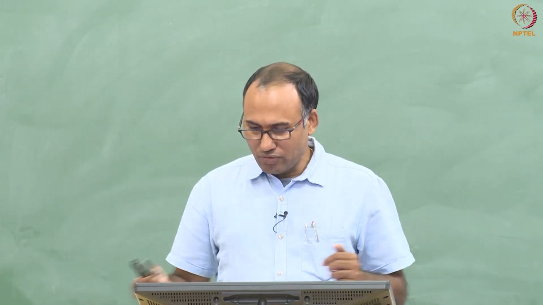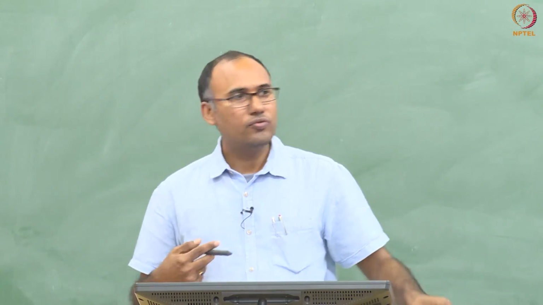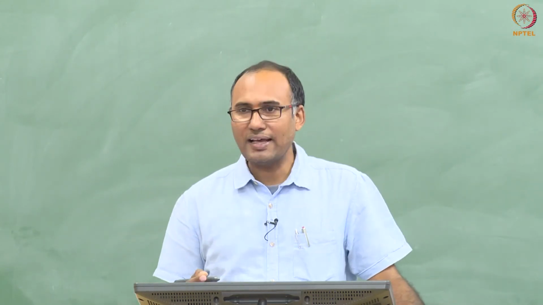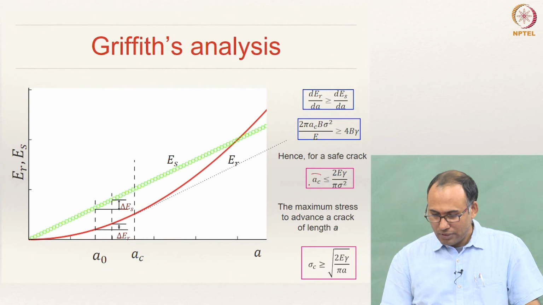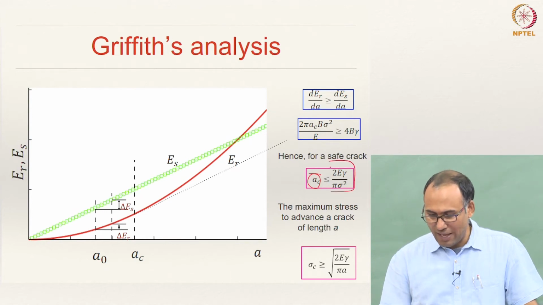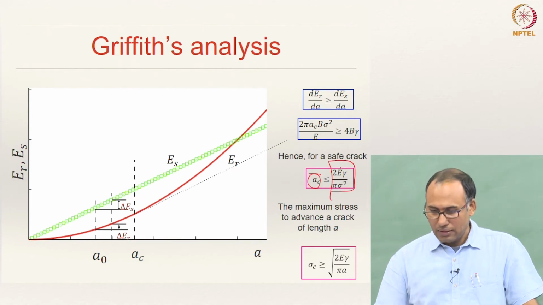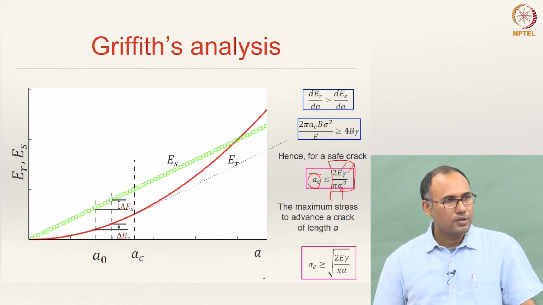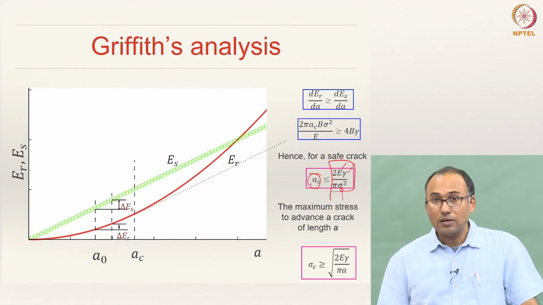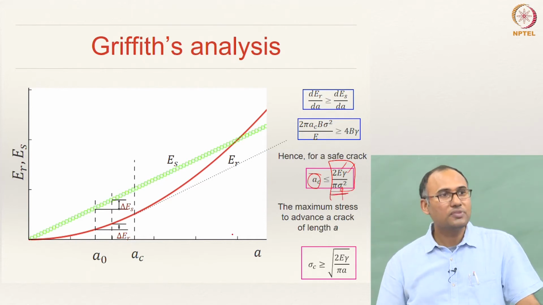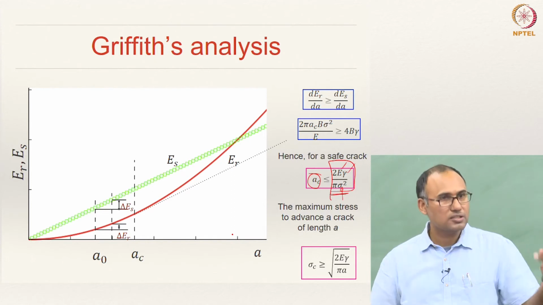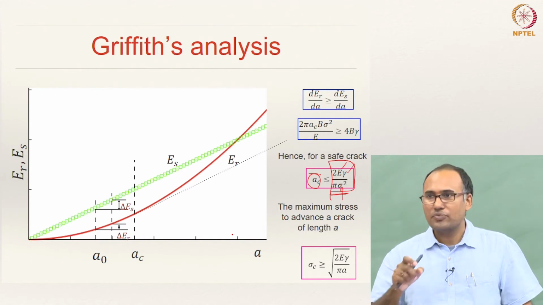And then we looked at the condition for the safe crack, as long as the crack length a_c is less than this value, which depends on the material, surface energy and the applied load. If the slit length that you have introduced is less than this value, then the slit does not suddenly propagate.